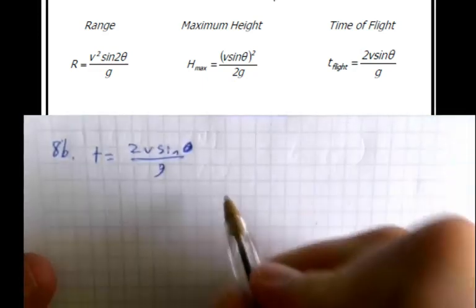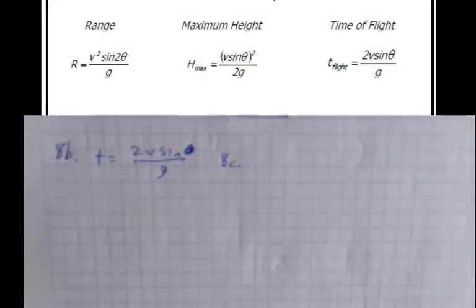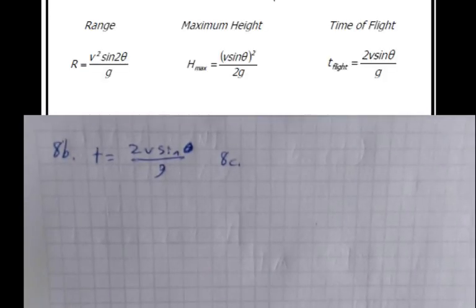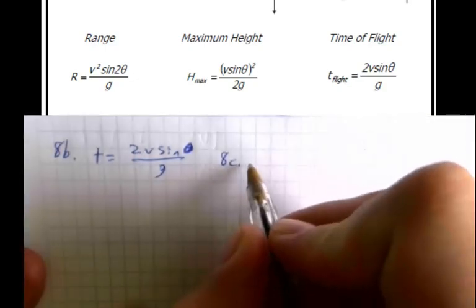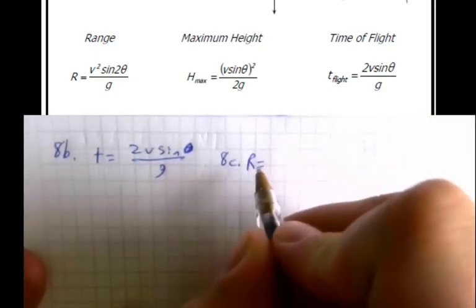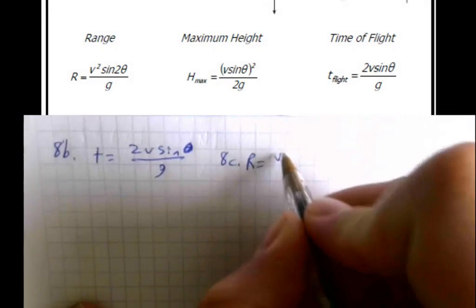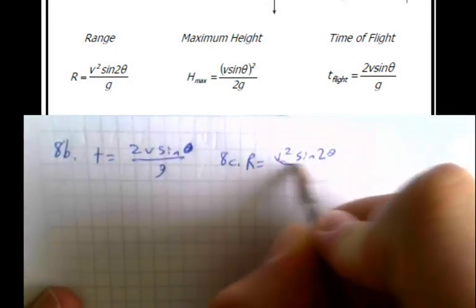Let's do 8c. 8c was the question where we're asked the range and then the height. So the range for 8c is our horizontal range equals v squared sine 2 theta over g.